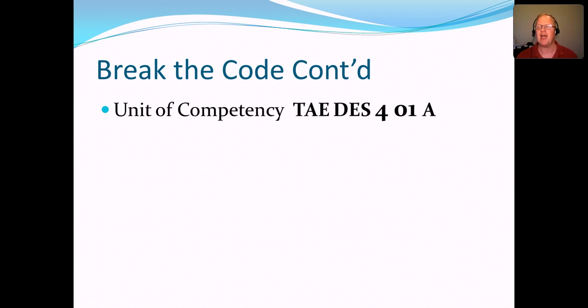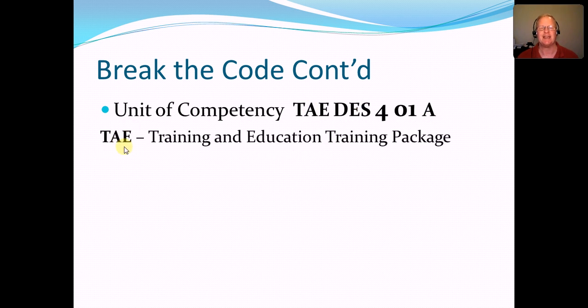Just to highlight for you again, in relation to the unit of competency, you're going to become familiar with this code. And you'll see there, this is the code of the TAE DES 401A. And again, you need to understand and be able to break down these codes. Let's have a look at what each of these areas represent. First of all, we've got the TAE.